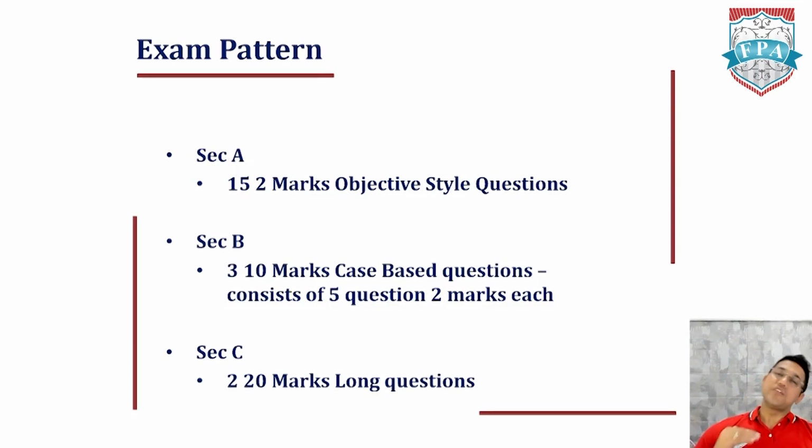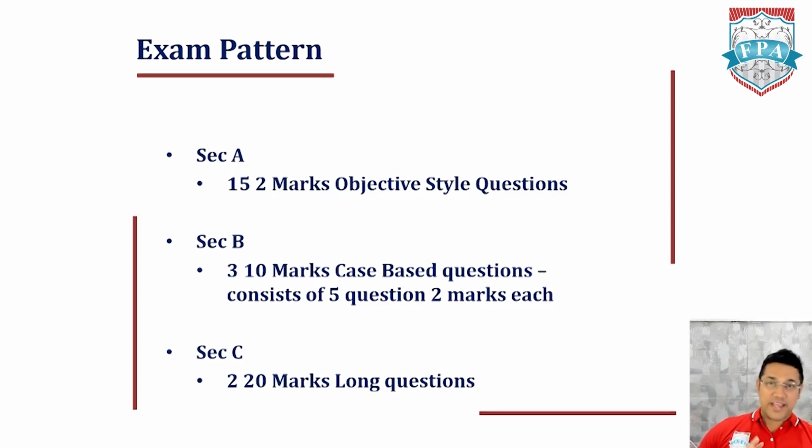Similarly, section B. Now, section B is slightly different from section A, because while it is still an objective style question, there is a case study. There will be a paragraph given to you, and on that paragraph there will be 5 questions. Of course, it will not be too many standards. If there is a case study, there may be a standard or 2 standards that will be examined. It could be, let's say, IFRS 15, right?